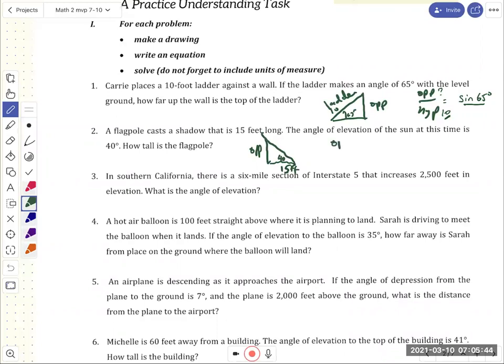So opposite versus adjacent: if you don't have the hypotenuse in either one, that's the tangent, so it should be tangent of 40 degrees. Which one do I know? I know this one, but I don't know that one, so it's another multiplication.